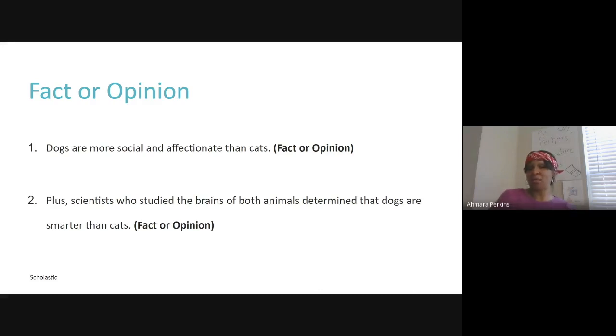Scientists. There was a brain study. Can we look that up? Yes, we can. And so that makes it, drum roll, please. Excellent. Fact. Good job.